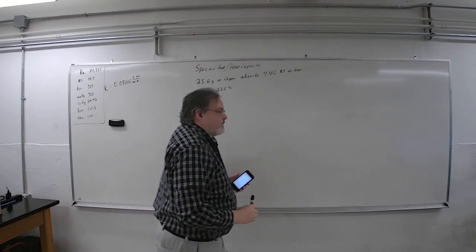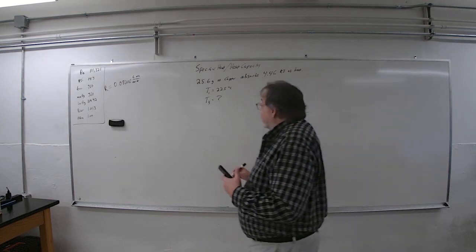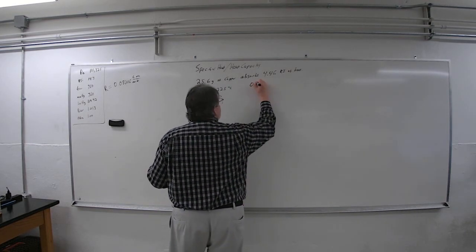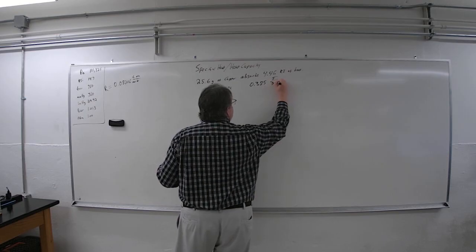So what is the final temperature? You need for this, and I'll give you these on the test, this list, copper 0.385 joules per gram per degree C. Joules per gram per degree C.